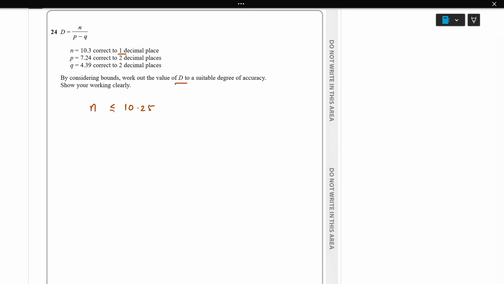So we'll write less than or equal to 10.25. This is the less than or equal to, not required.